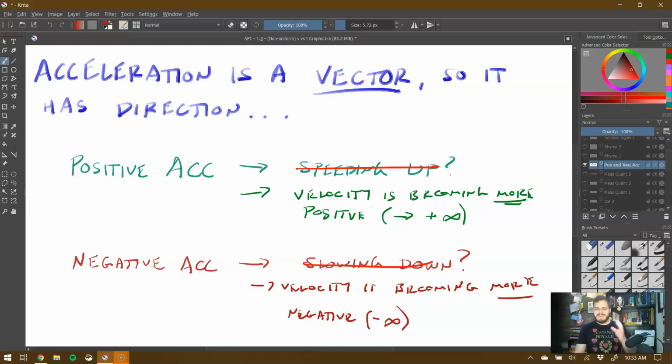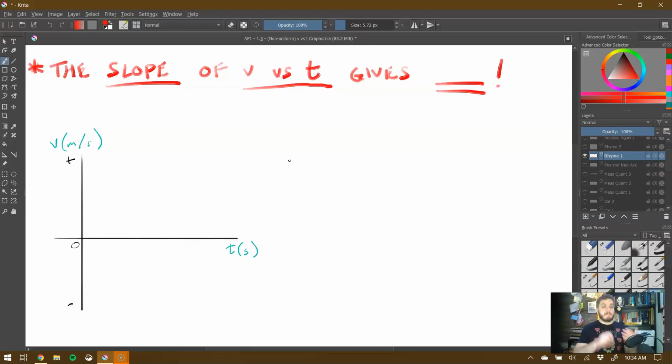What exactly does that really mean? So it's just a reminder of what we learned a minute ago. The slope of a v versus t graph gives a, or the acceleration. So that means anything I get from the slope will tell me about the acceleration. Just like with a position versus time graph and velocity. It's the same sort of skill, but we're applying it in a slightly different context.